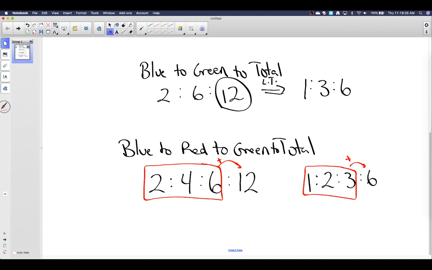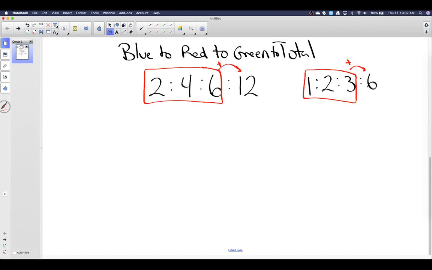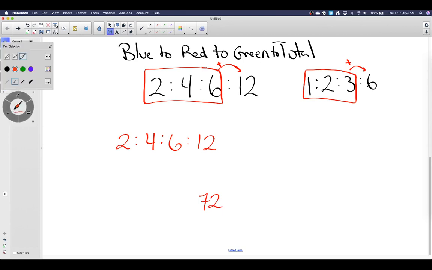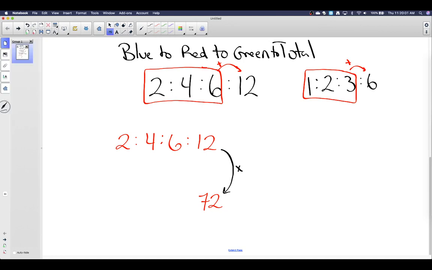Okay, now that's not the only equivalent ratio I could have found, right? I could have said, what if I had 2 blue and 4 red and 6 green for 12 total marbles? How many green marbles am I going to have if I have the same ratio but 72 marbles in my bag? If there are 72 marbles in the marble bag, how did I get from 12 to 72? Well, that one I would have to multiply by 6. To keep an equivalent ratio, I need to multiply every single value in my ratio by 6.